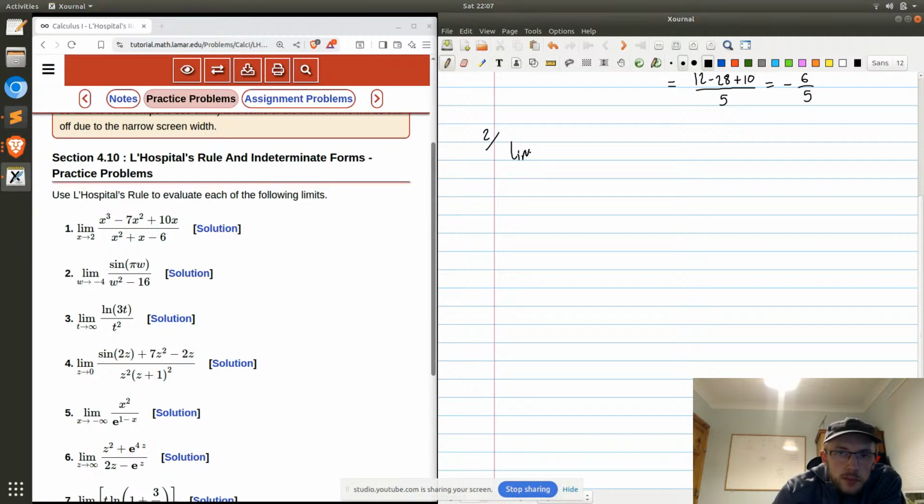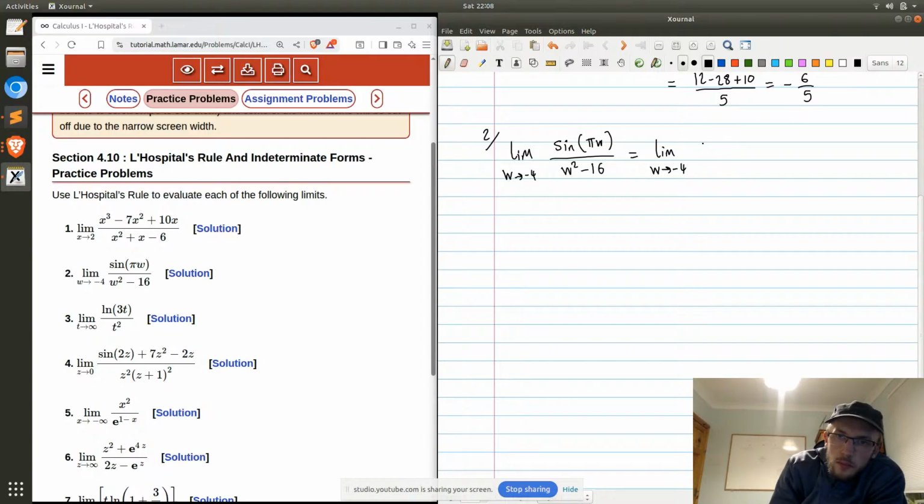So now cosine of -4 pi is 1, so it should be pi over -8.